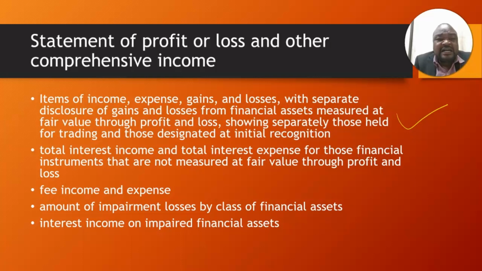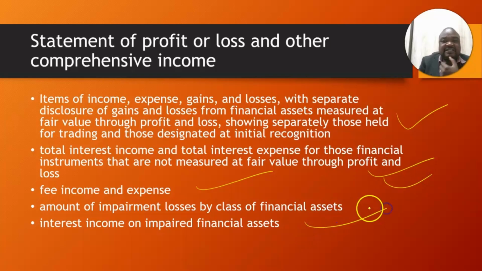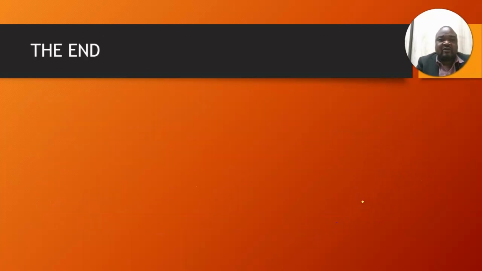Total interest income and total interest expense for those financial instruments that are not measured at fair value through profit and loss, right? So their interest income should be disclosed. Fee income and expense, amount of impairment losses by class of financial assets, interest income on impaired financial assets. All these disclosures are required.